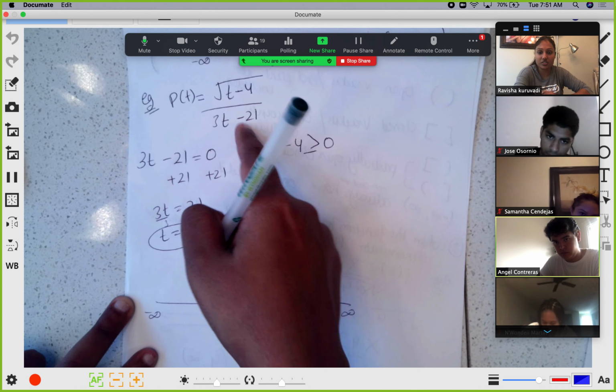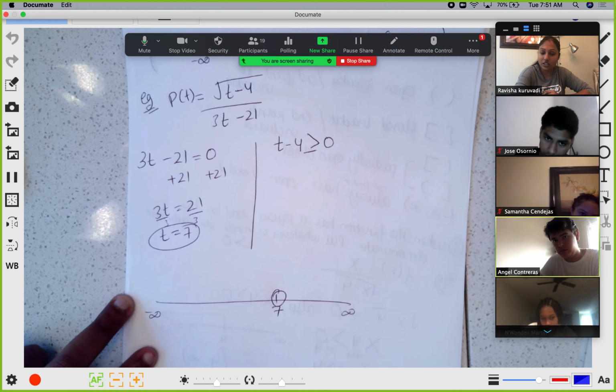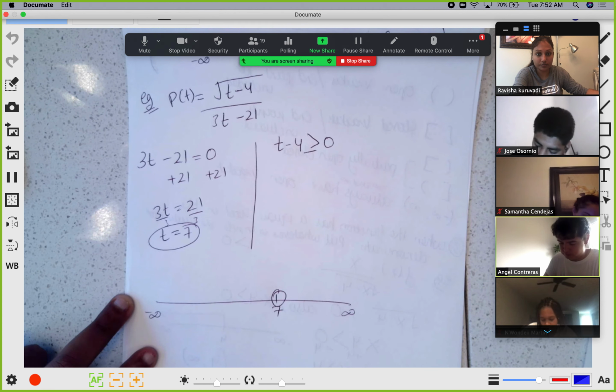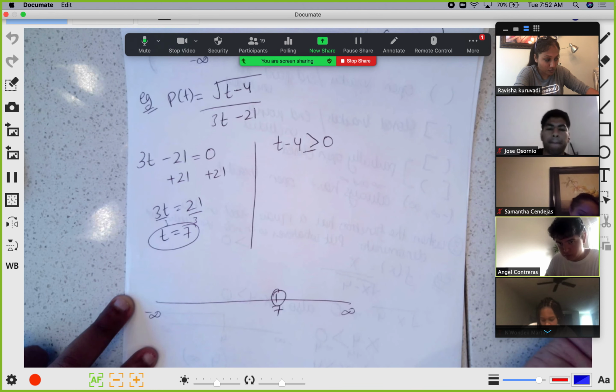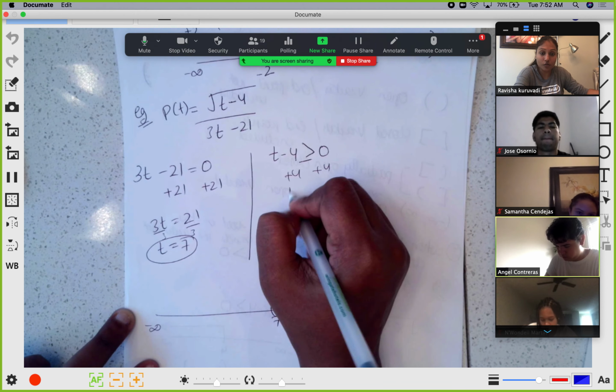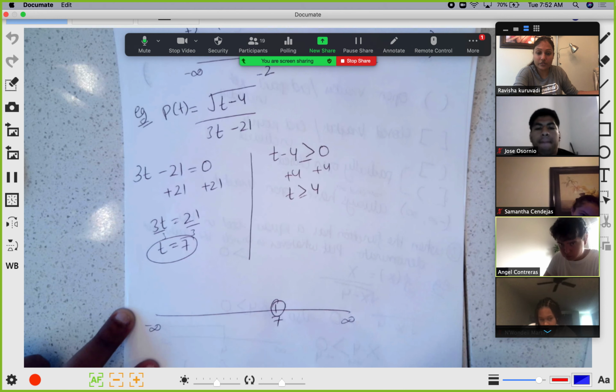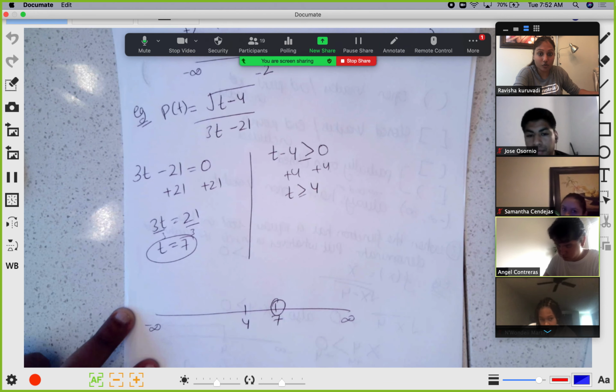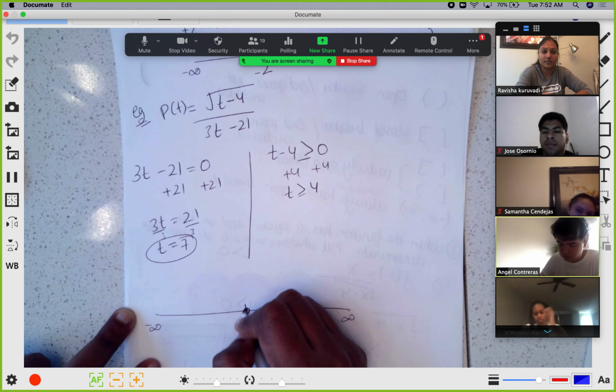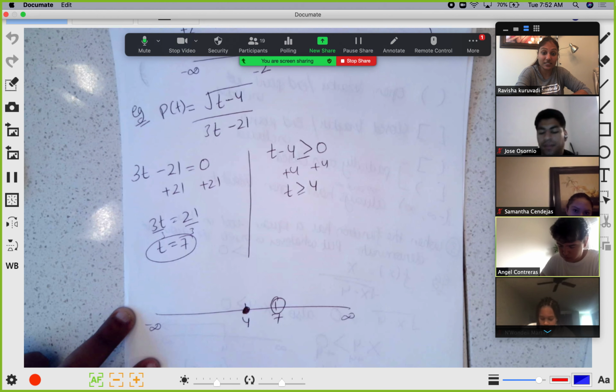So I'm making an open circle. Let's solve this thing here now. Add 4 on both sides, you get t greater than or equal to 4. There is an equal to sign, so my 4 is included. I make a dark circle there.